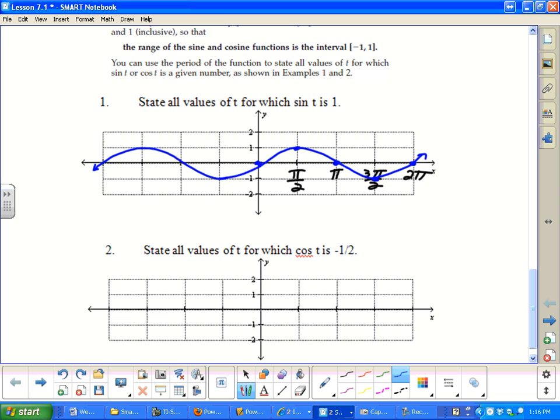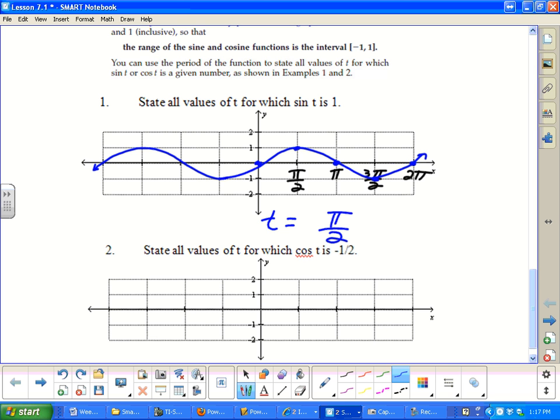Now the question is here, state all values for t when sine of t is 1. So when does sine equal 1? Sine equals 1 at pi over 2, right? Okay. Now we said that it's periodic. All right, so let's look at our unit circle along with the graph at the same time. When does sine hit 1 again? Let's go positive.